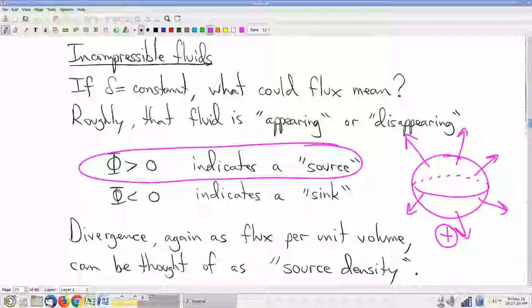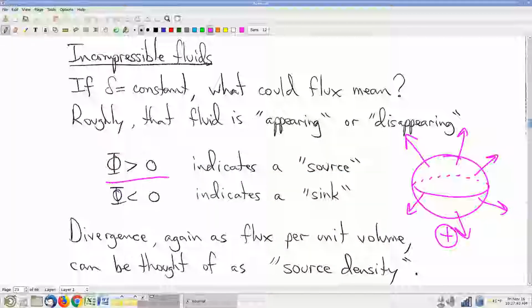Maybe it's just coming from the fourth dimension, something like that, right? Whatever, but somehow or another, there's a steady amount of water coming out. That means there's a steady amount of water originating in here so that we can achieve this steady state. Okay, so very often people will talk about a positive flux as being a fluid source.